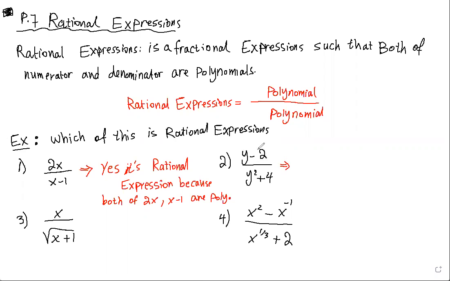You have to ask yourself, is the numerator a polynomial? Y minus 2, yes. Is the denominator a polynomial? Yes. So polynomial over polynomial, this is a rational expression, because y minus 2 and y squared plus 4 are polynomials.